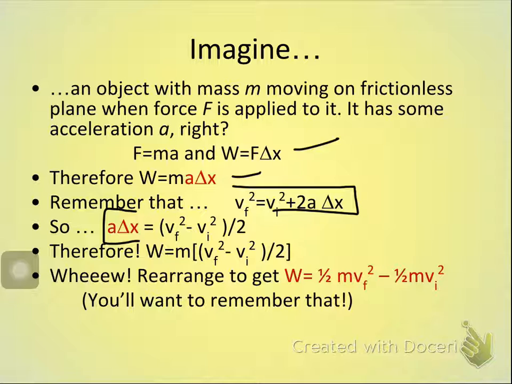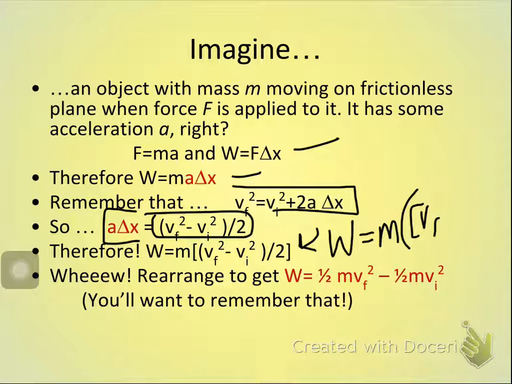So, if we plug this in for the a delta x, we get W equals m times the quantity Vf squared minus Vi squared divided by 2. Okay, well that doesn't seem so ugly. We can distribute the m.